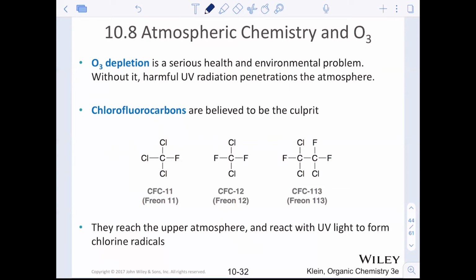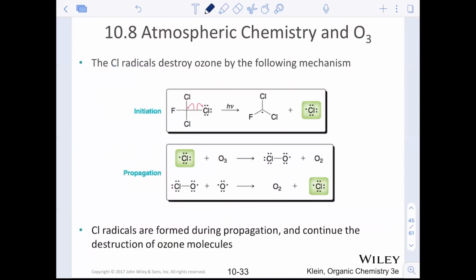Now you can find these most often if you ever have seen aerosol cans, whether that's hairspray or paint spray bottles. These molecules, Freon, even these ones that are shown, will reach the upper atmosphere. They're very light molecules, and so they will reach the upper atmosphere and react with the UV light to form chlorine radicals, just like what we were talking about.